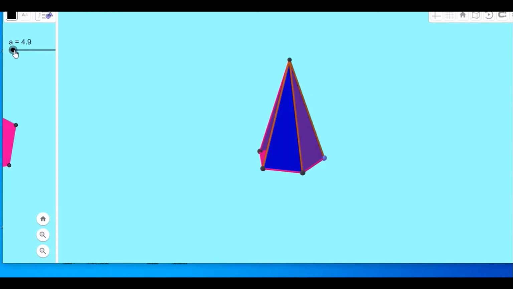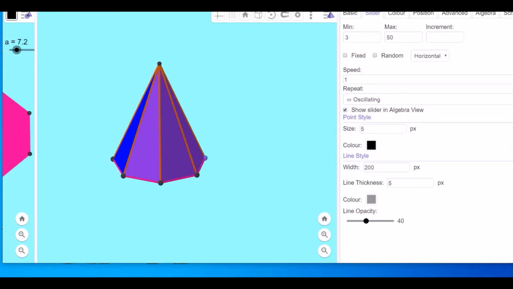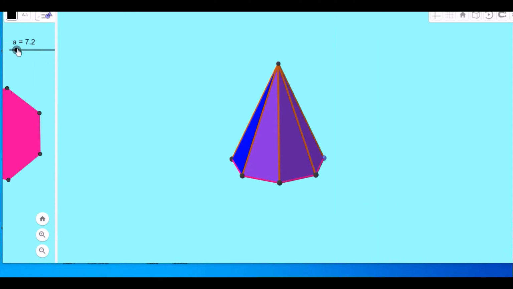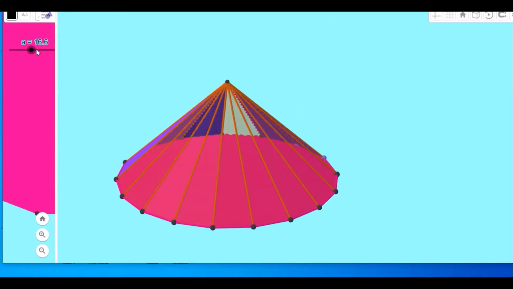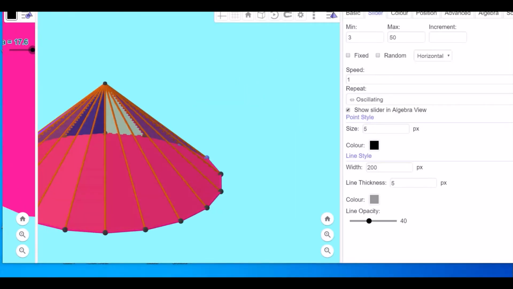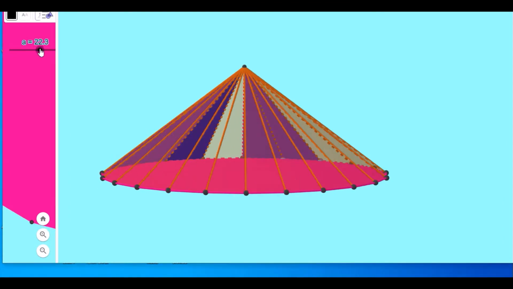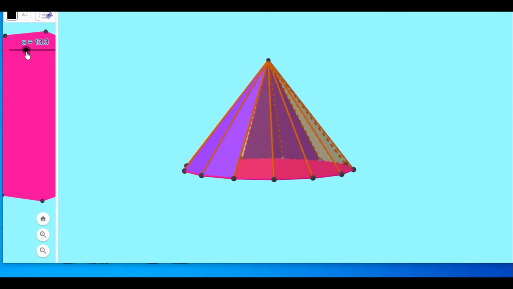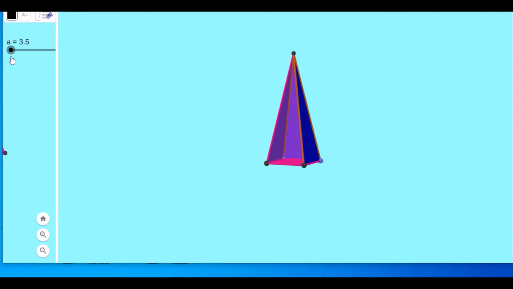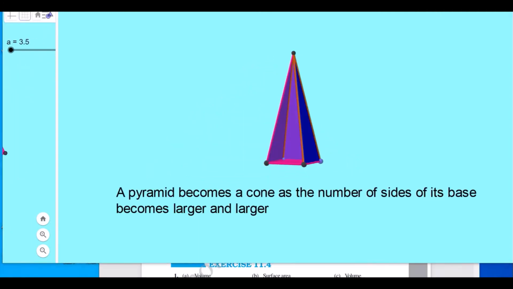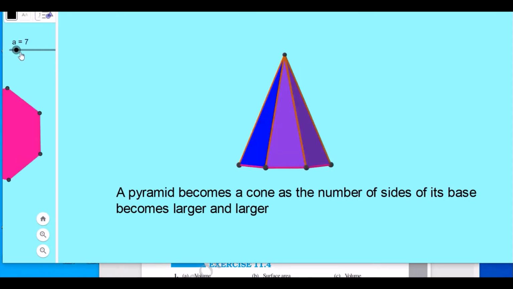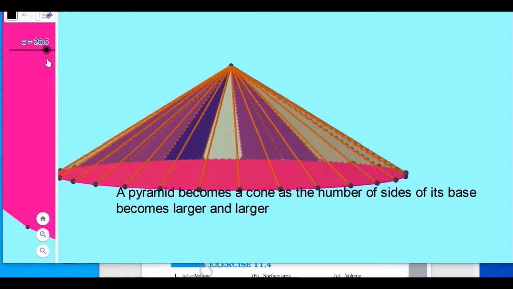Now let us see what will happen when the number of sides increases. Yes, it just becomes a cone when a pyramid's number of sides increases. So we can write: a pyramid becomes a cone as the number of sides of its base becomes larger and larger.